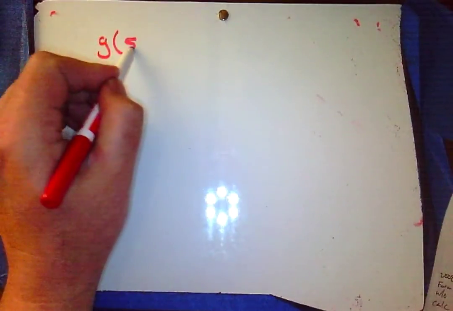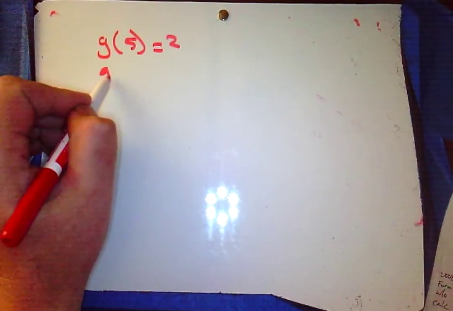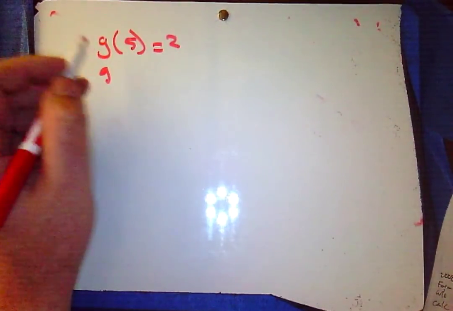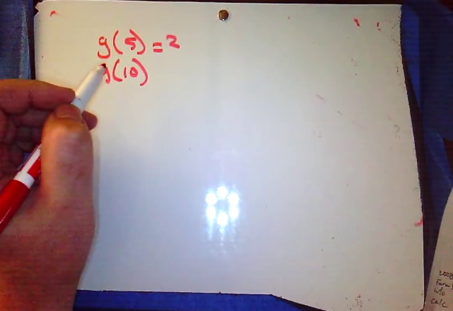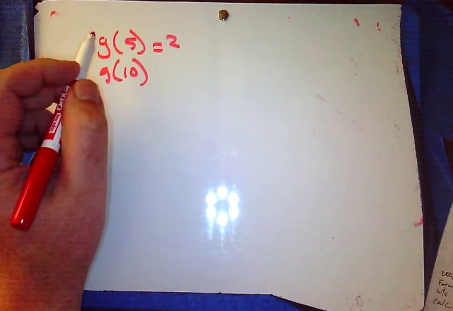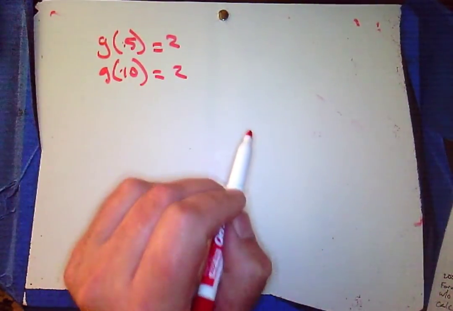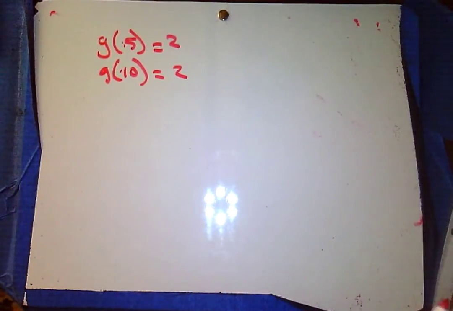Okay, so we know that g of 5 equals 2, and we find g of 10. Since the period is 5 and the distance between these is 5, g of 10 is also 2.